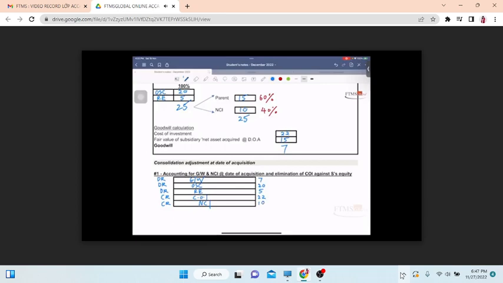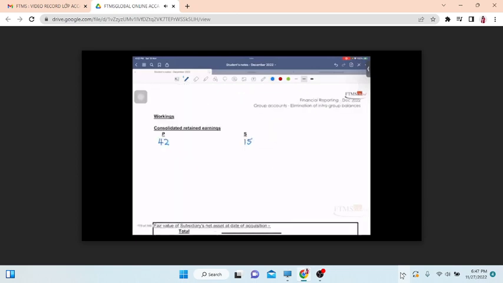Update your retained earnings of 5. Here I will minus 5 pre-acquisition, 10, so here I will have the post-acquisition.